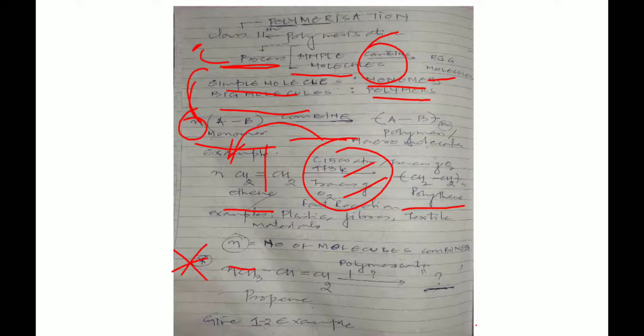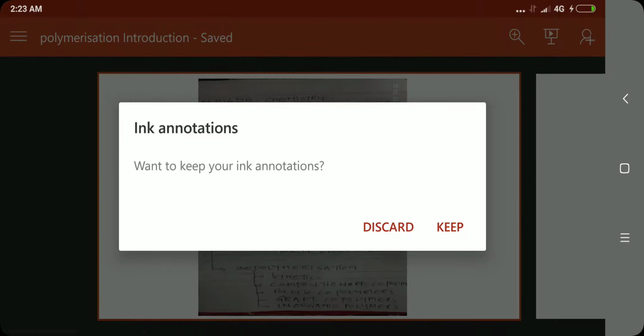I have written here propene. We know that this is also a monomer, the simplest molecule. When these molecules undergo polymerization, what would be the product? You have to give this answer in the WhatsApp group.